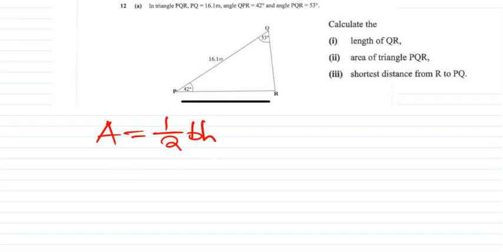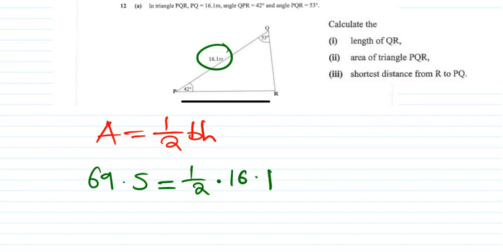The area that we had calculated was 69.5. Half, and the base is PQ, which doesn't change, 16.1, and what we're trying to find is the distance, which is the height from R to PQ.